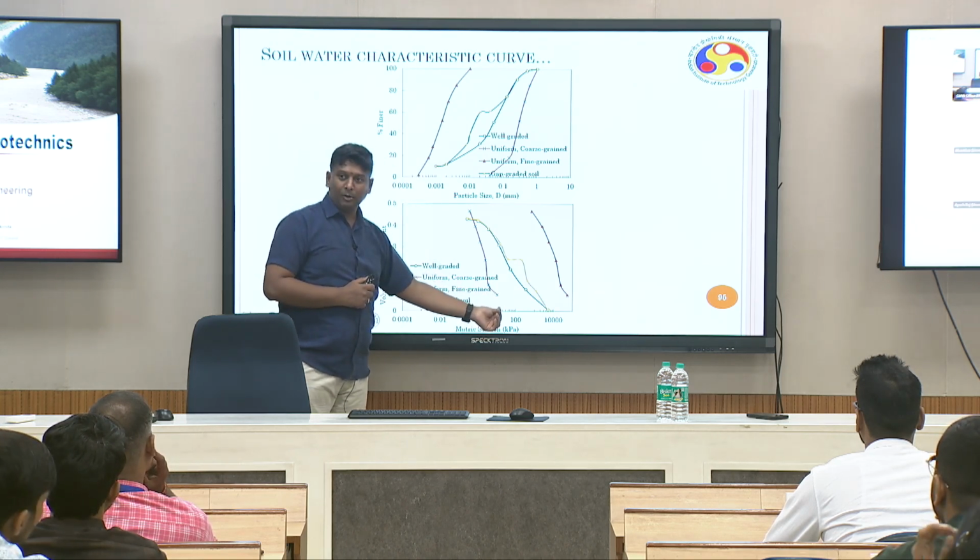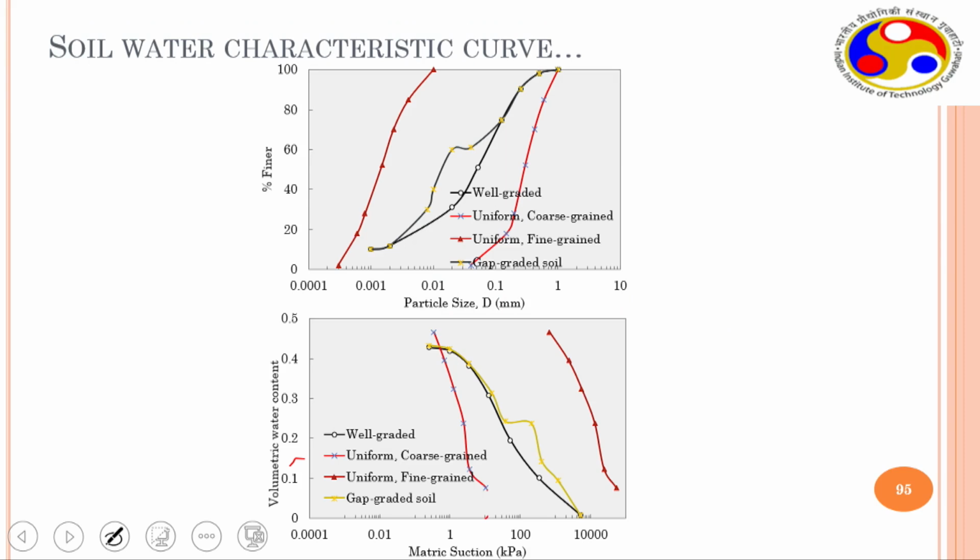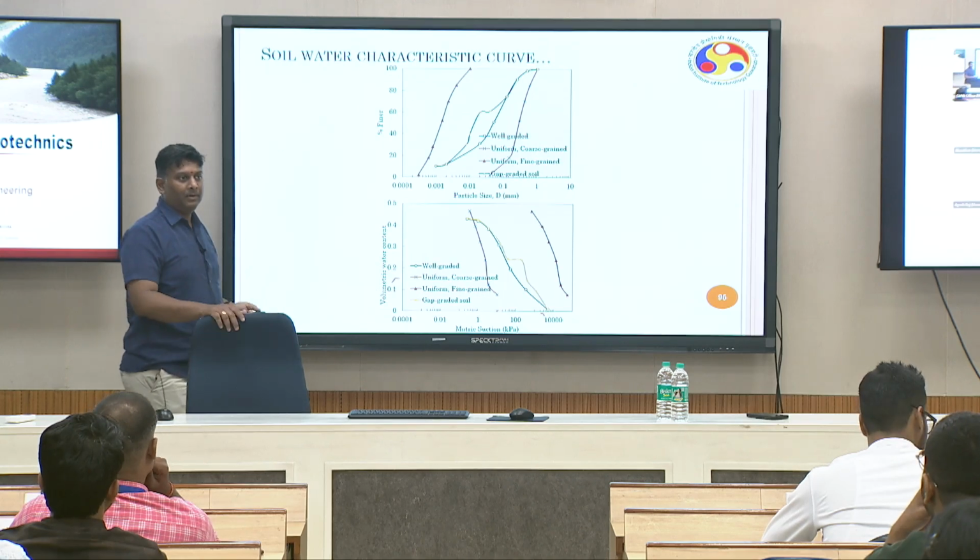By 10 kilopascal, it is completely desaturated. Correct? If you take uniform fine grained soils, the air entry suction may increase, but desaturation is quick. This is a well graded soil. So look at how the SWCC is varying. It is going up to nearly 50 MPa, right? That is where it gets desaturated.